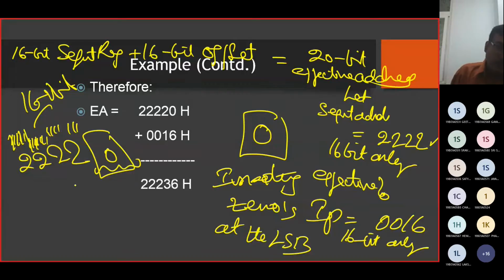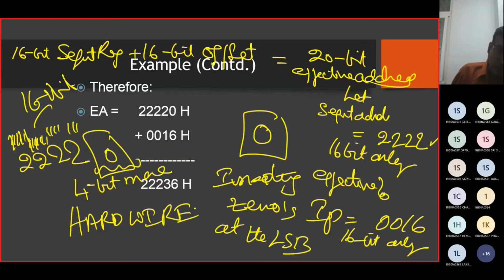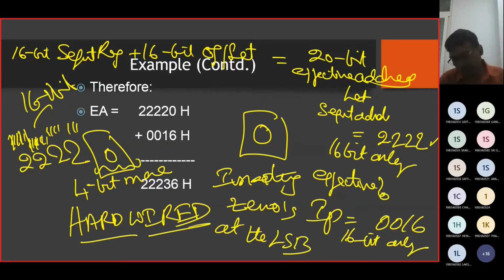Now I am going to add 4 bits more. Adding this 4-bit more, we are going to call this element hardwired. What does hardwired mean?